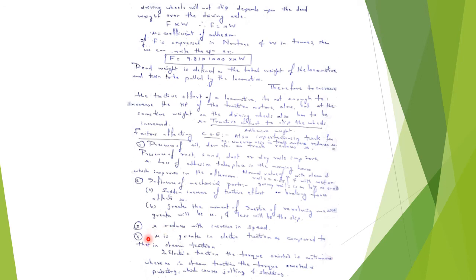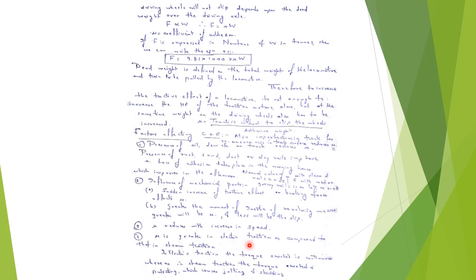The coefficient of adhesion is greater in electric traction as compared to that in steam traction, because there's a difference in the center of gravity. In steam engine drive the center of gravity is high because of the presence of the boiler and all those heavy equipments, as compared to electric traction where the center of gravity is low.